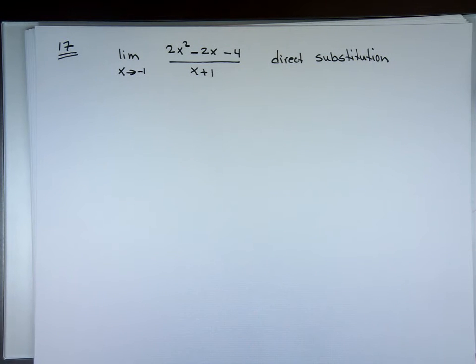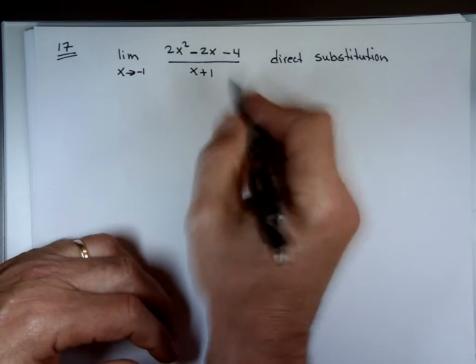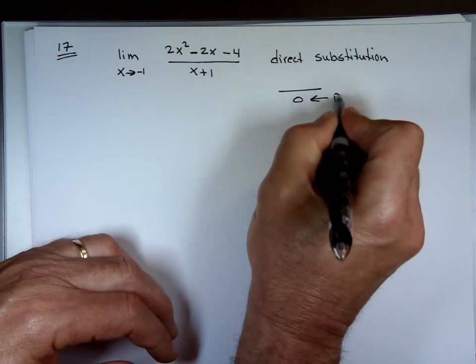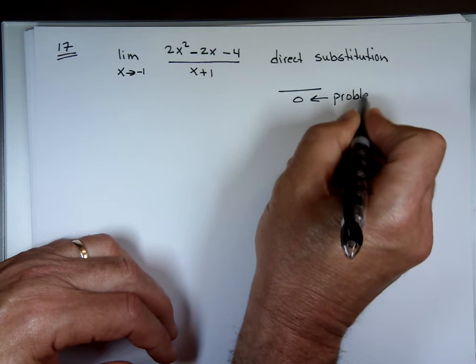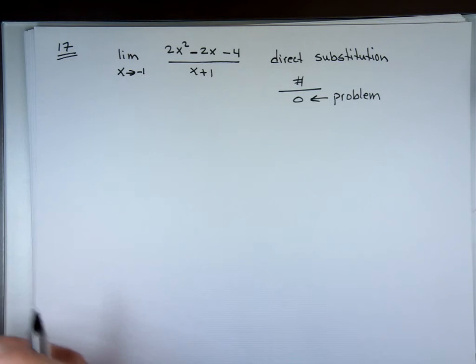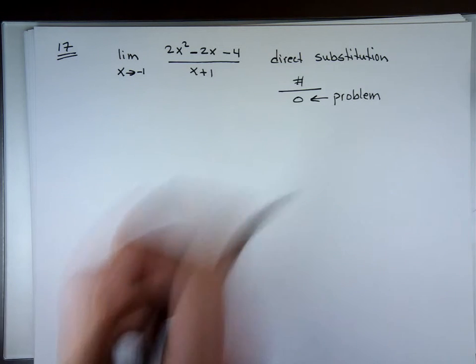If I do direct substitution, what do we have in the bottom? I don't care about the top, but the bottom is going to be what? 0. I have no idea what the top is. Some number. Could be 0, could be something else, but I don't care. As long as the bottom is 0, you can't divide by 0.